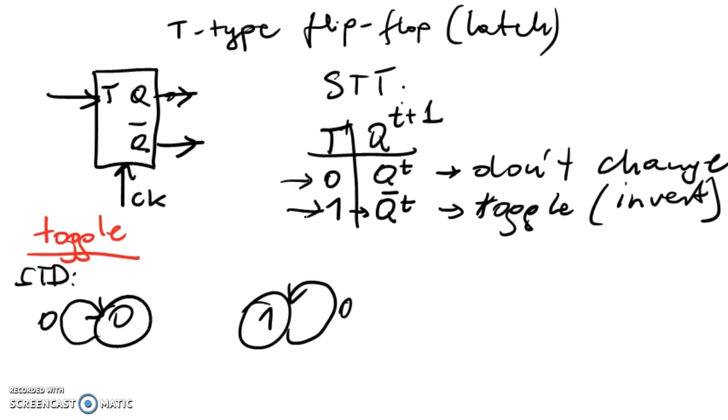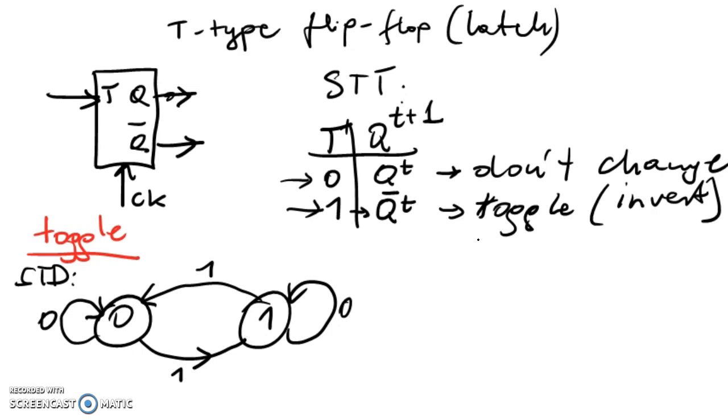And the second row gives you the recipe what to expect if you have 1. You expect the change of the memory content depending on what state you are in, what's the current content. The next will be the inversion of the current.